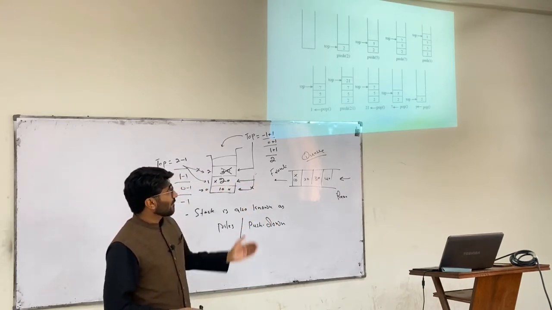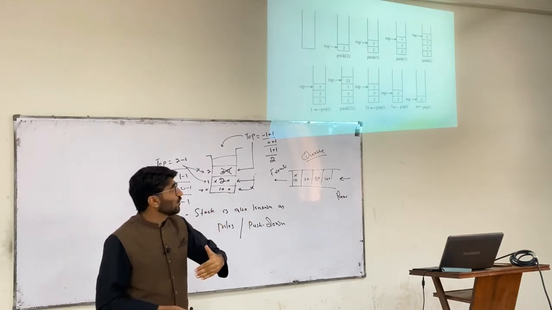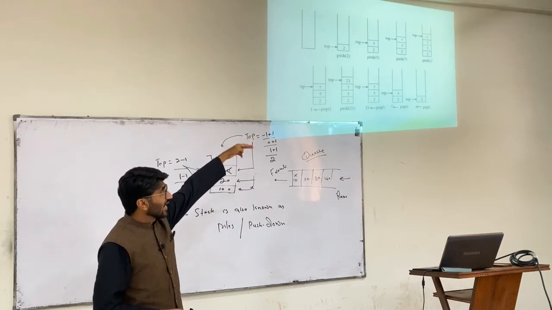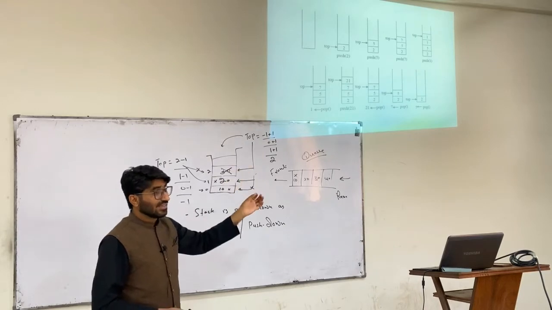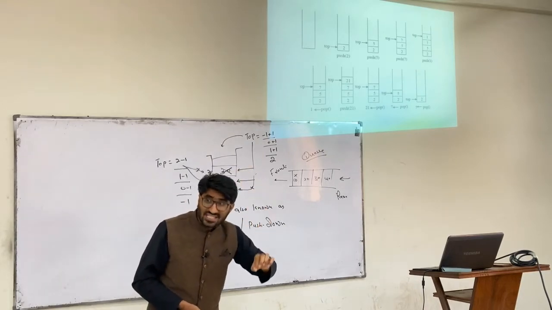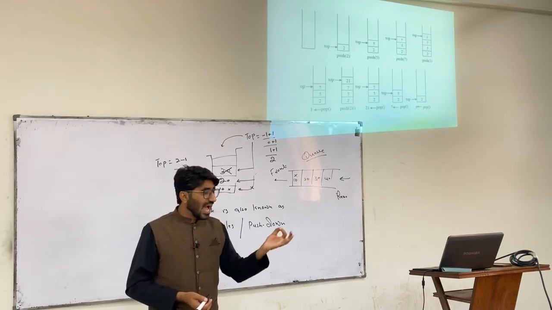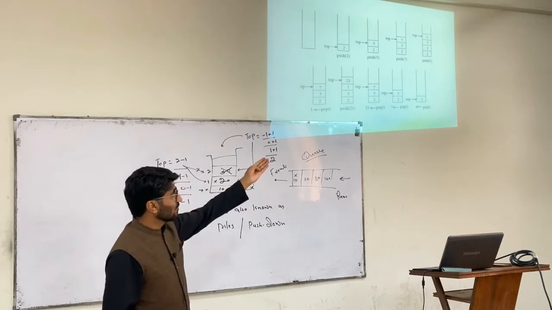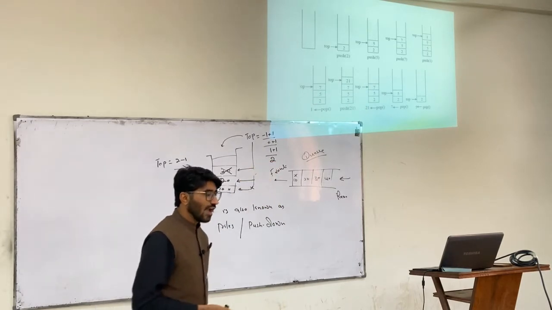Then we performed push 21 again, inserting the new value 21 after 7. Then again, if you perform pop, 21 will be removed because that was the last value inserted. So this is the definition of stack, last in, first out. Again pop 7, and we again perform pop 5 and so on.